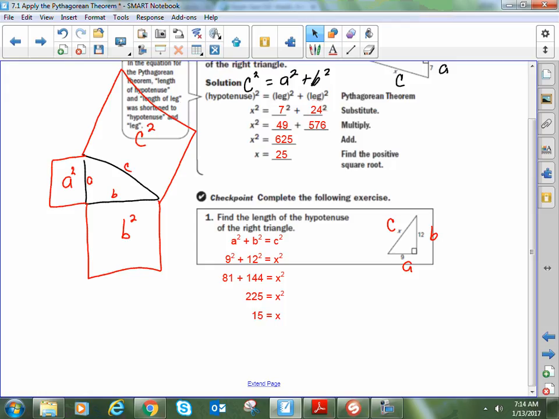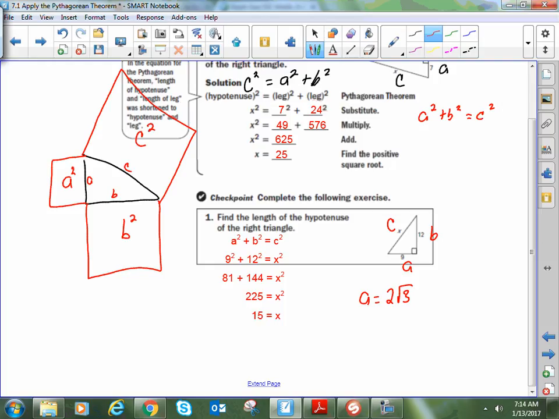Now, real quick, just before we move on, let's suppose that A was, let's say, 2 radical 3. How would I do that in the Pythagorean theorem? Well, let's say a squared plus b squared is equal to c squared.